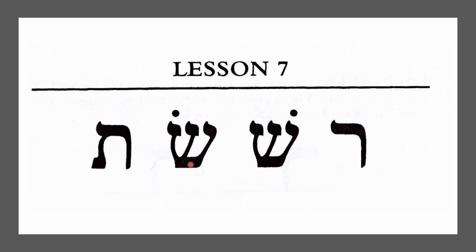So if you think to yourself, sin is never right: if the dot is on the right-hand side, then this is a shin, not a sin. If it's on the left-hand side, it's a sin with an S sound. So if that helps, go with that.